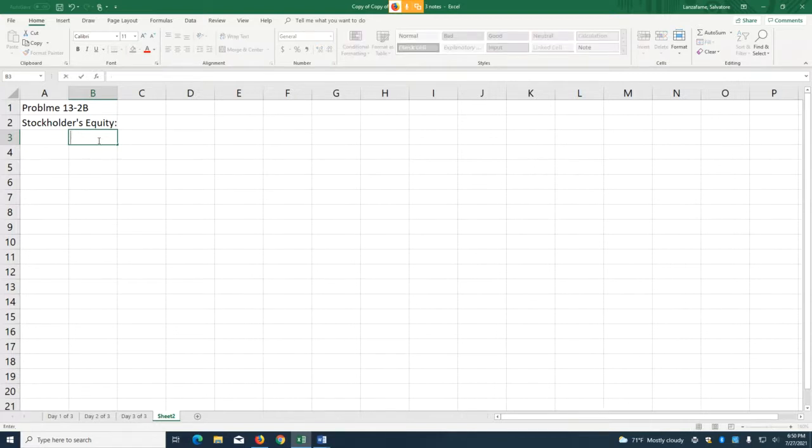I see common stock, and then it says $1 par. And this is typically how a stockholders' equity section looks. And I see 320,000 shares authorized. I'll explain what all that means. 200,000 shares issued and outstanding.